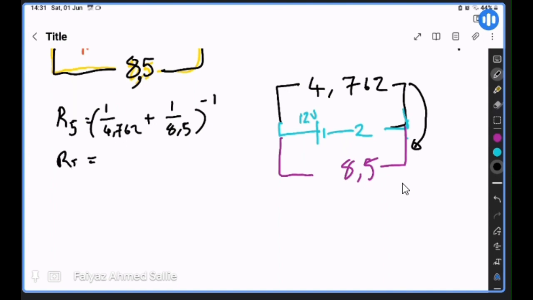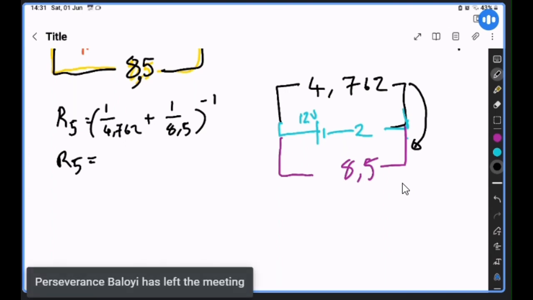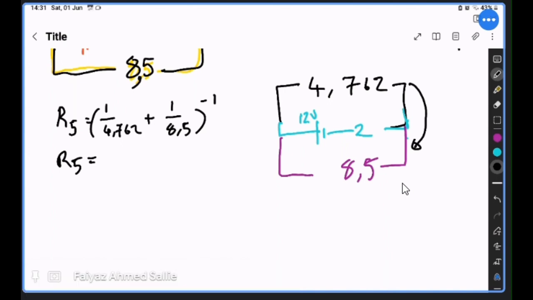So R5 is equal to 1 over 4 comma 762 plus 1 over 8.5. So we have an answer of 3,052 ohms.